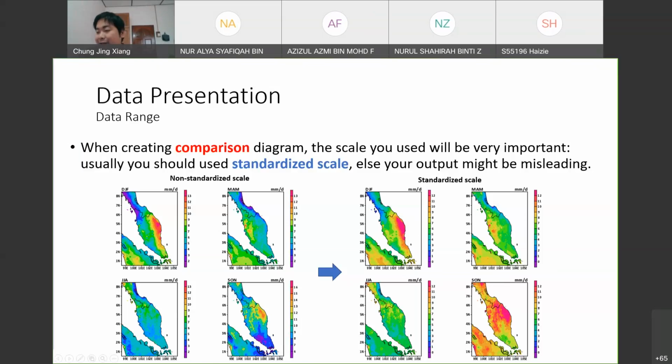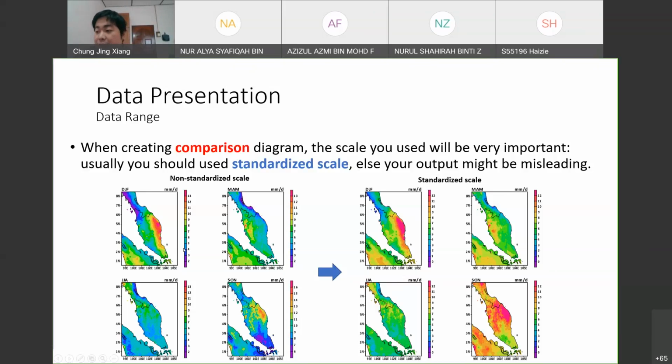Not standardized, right? You can see there are actually clear differences, but for SON, the one without standardized scale, you can also see differences between them. So if, at first glance, you just look at this figure, okay, sekali pandang, like this, you will think that during December, January, February, we have a very high rainfall in Peninsular Malaysia.